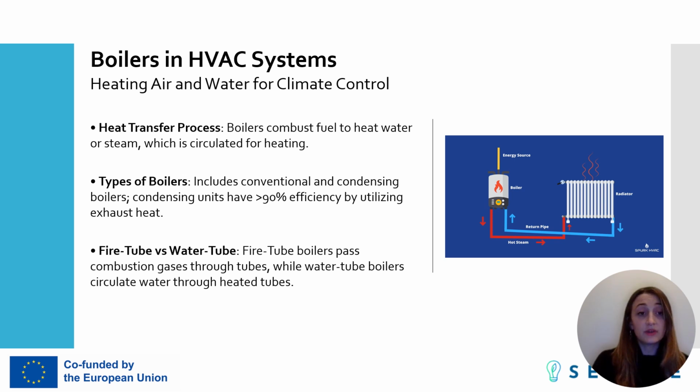We have two different kinds of heating systems: one is fire tube and the other one is water tube. Fire tube boilers pass combustion gases through tubes, while water tube boilers circulate water through heated tubes.